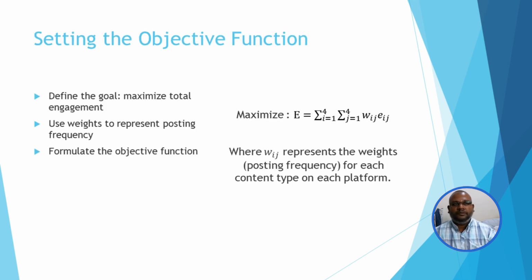Next, we define our objective function. Our goal is to maximize total engagement, so we sum the product of engagement metrics and their corresponding weight, which represents how frequently we post each type of content on each platform.